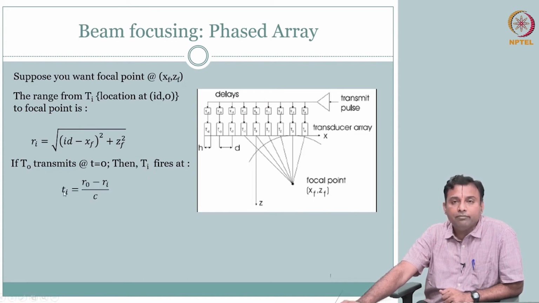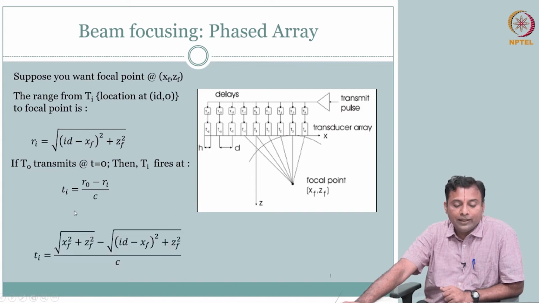It should fire to compensate for this extra path length, R0 minus Ri by c, right, path length by c, distance by velocity is your time. Clear. So I can generalize Ti is equal to (R naught minus Ri) by c, where Ri is the square root of (id minus xf) square plus zf square.